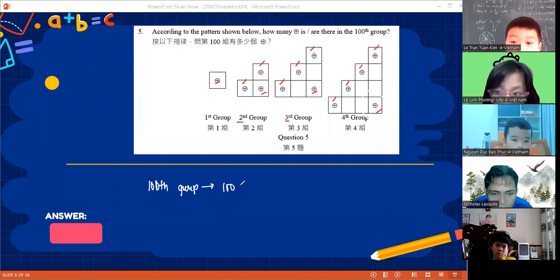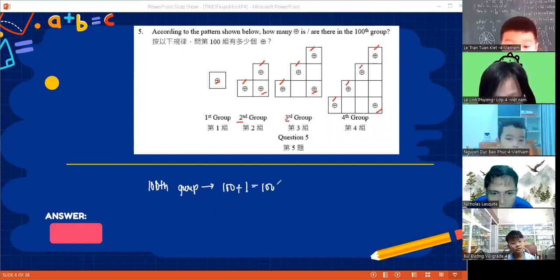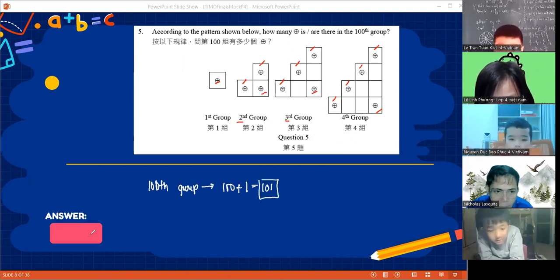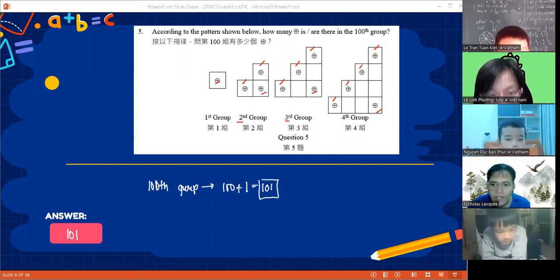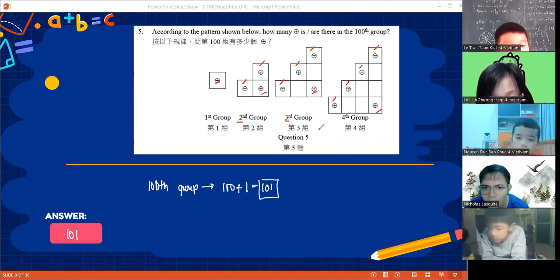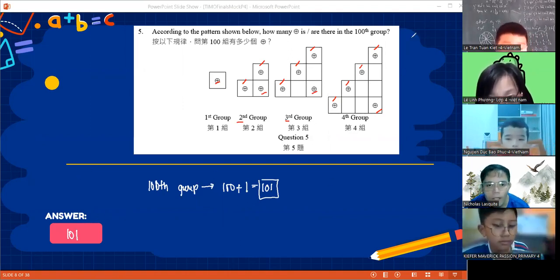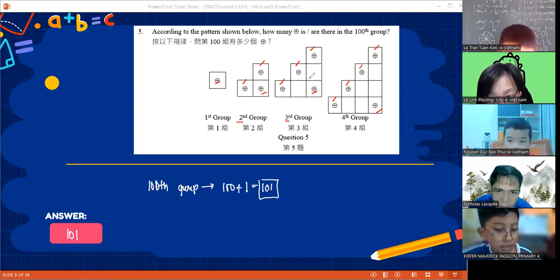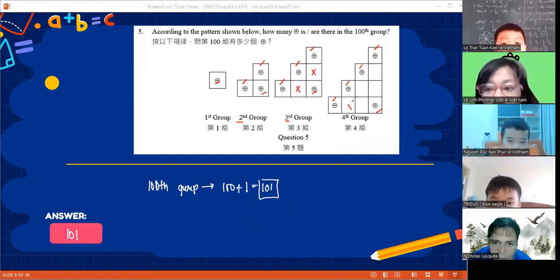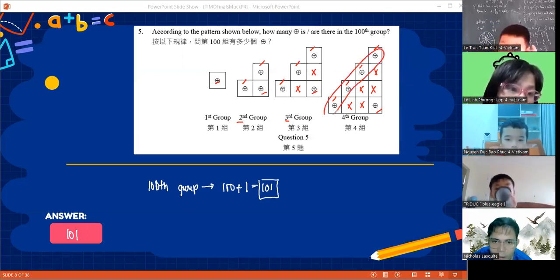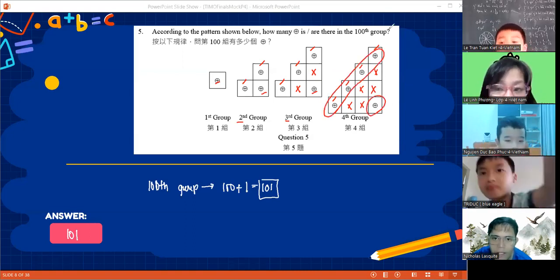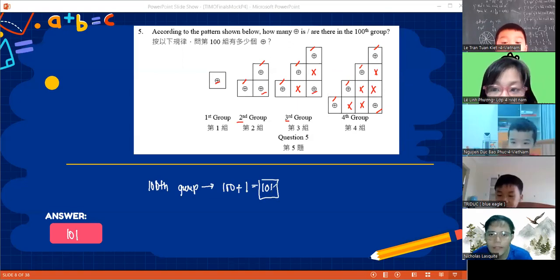So 101 is the answer. Okay, so this is very easy actually. If you just find the pattern here, there's nothing to fill up here. There's nothing here. So meaning what you're going to add is only this one, 100 here, and then plus 1. That's why we have 100 plus 1. Okay?